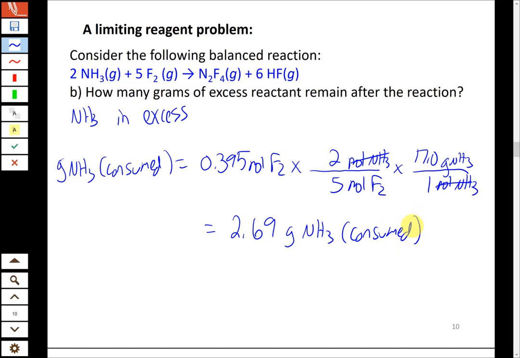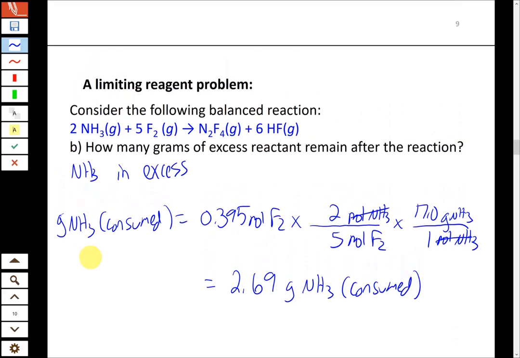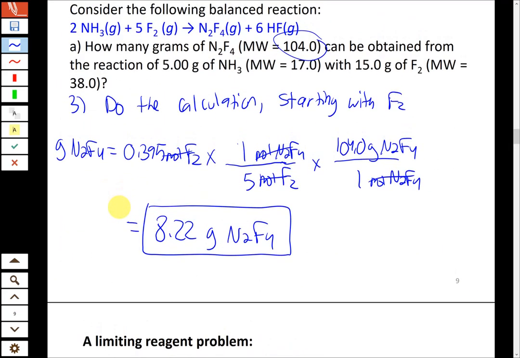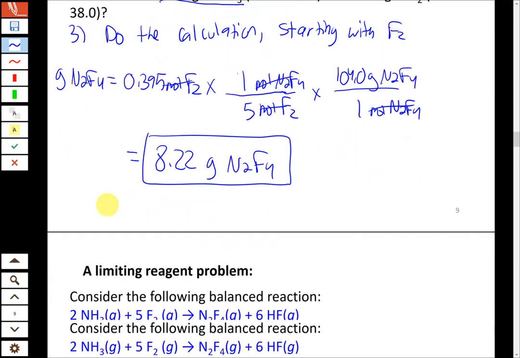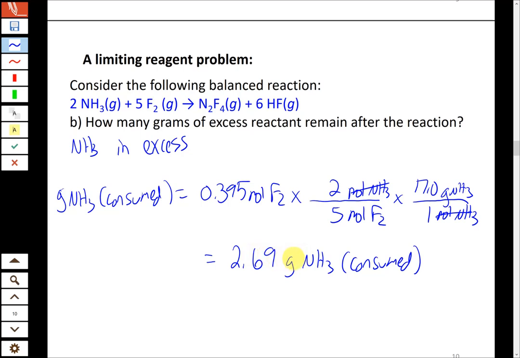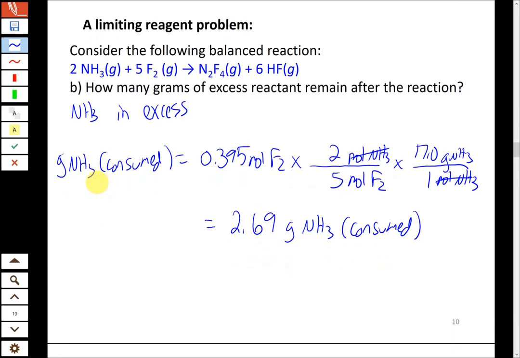So that's how much NH3 was consumed, but that's not how much is left over, that's how much went away during the reaction. To figure out how much is left over, we have to subtract from the original amount. The original amount of NH3 was 5.00 grams. That's how much we put in. 2.69 grams reacted, so the rest is going to be left over.